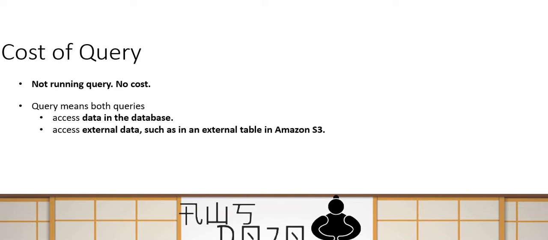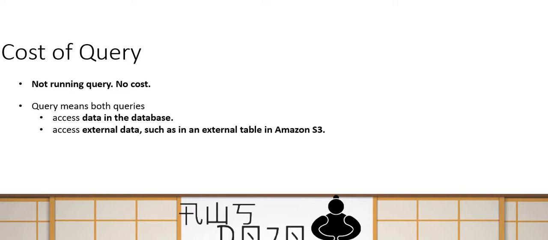Now, when I say query here, keep this in mind, and this is very important, and it's different from how your RA3 or DC2 or DS2 cluster works. When you say query, query means both types of query: the query which is accessing data from the local database, or the query which is accessing data from external schemas, like S3 data which you have configured as an external schema or table in the database.